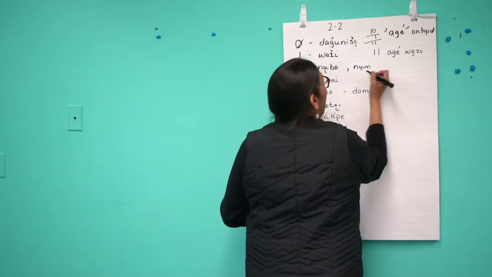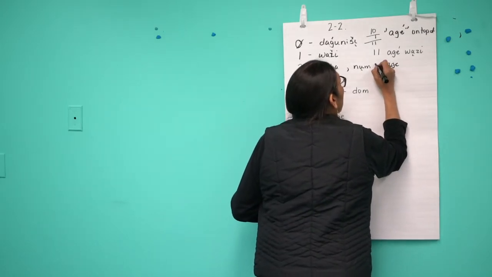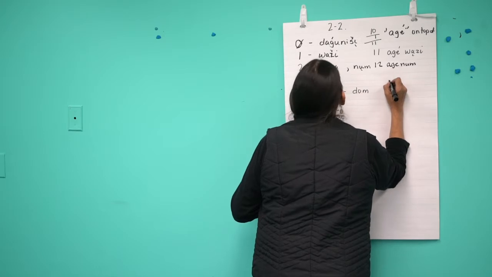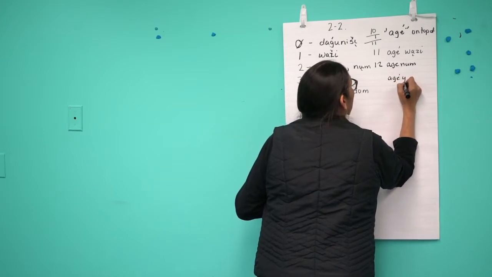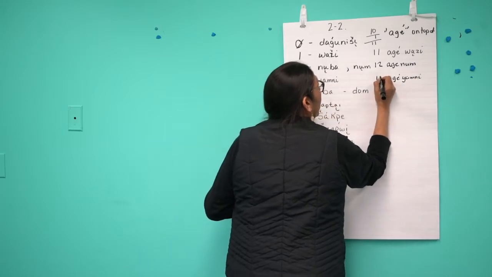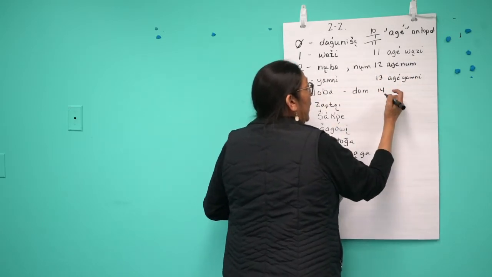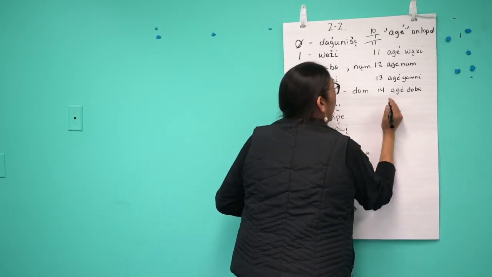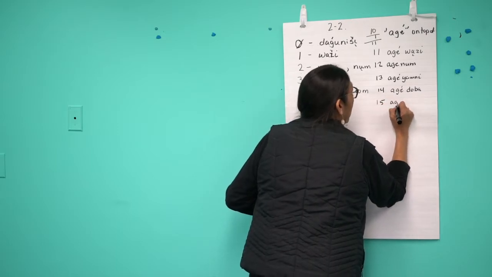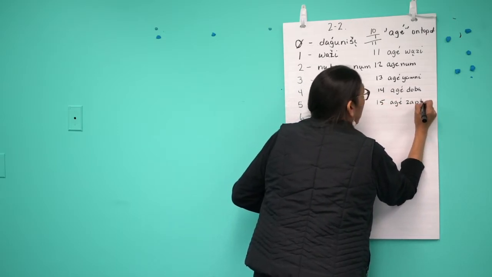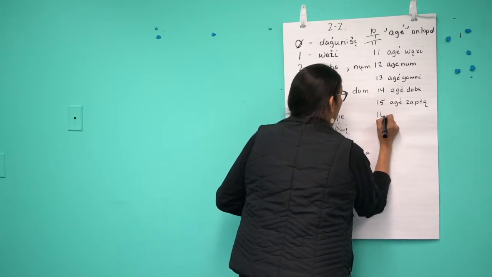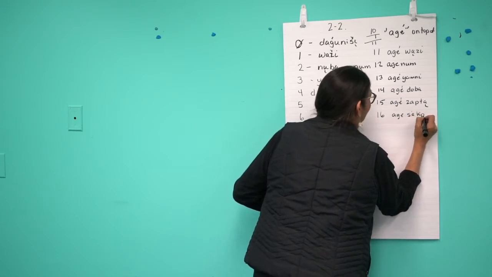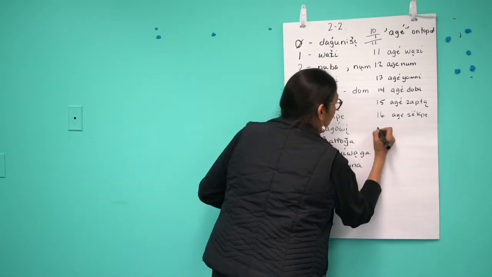Okay. Then again, age num. Age yamni. Okay, 14. Age doba. Age zapta. 16 again. Age shakpe. Age shakpe again. 17.